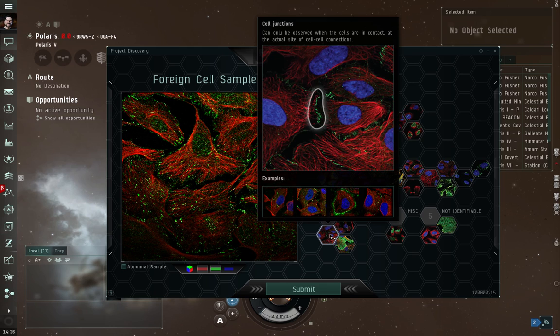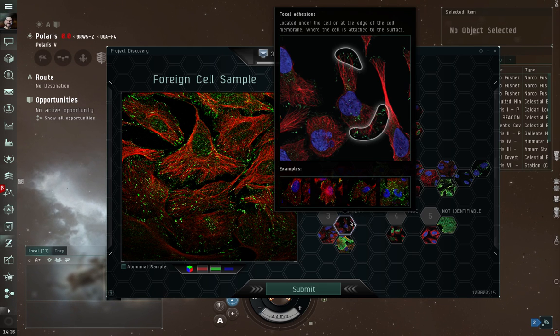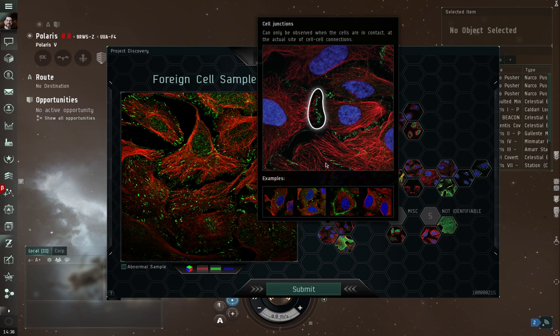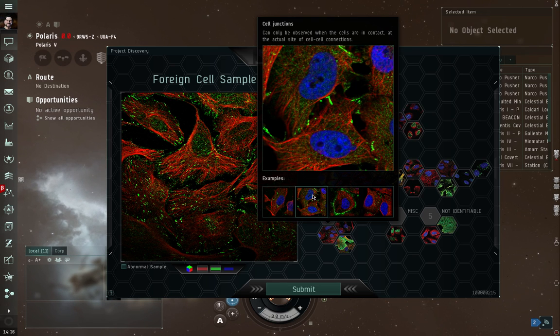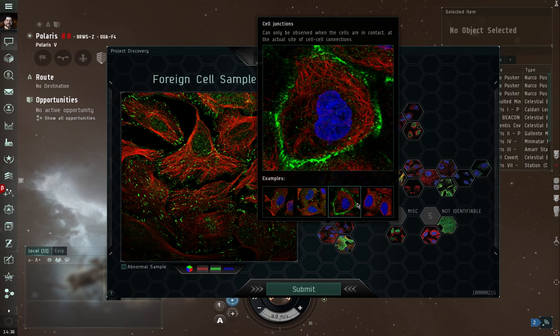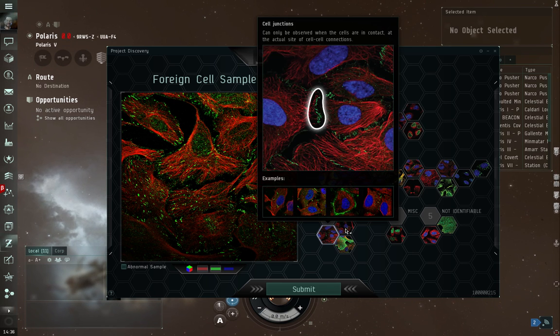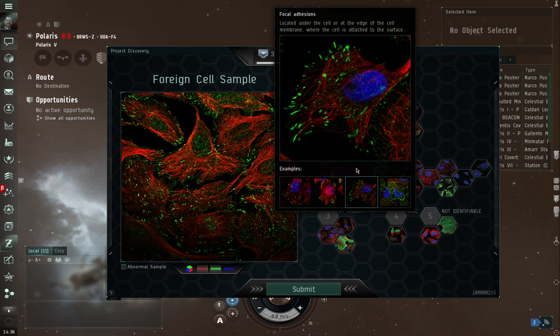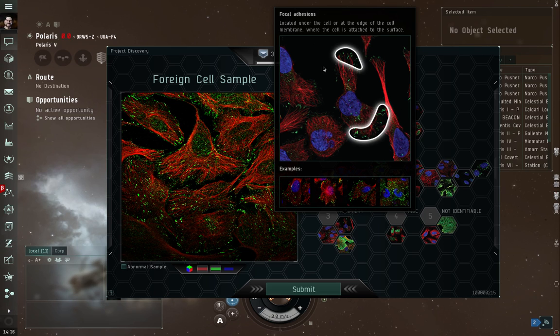But you can tell the difference between cell junctions and the focal adhesions because the cell junctions only occur between cells. So you shouldn't see cell junctions occurring other places, only between the cells. Whereas focal adhesions can occur kind of out in the middle of space.